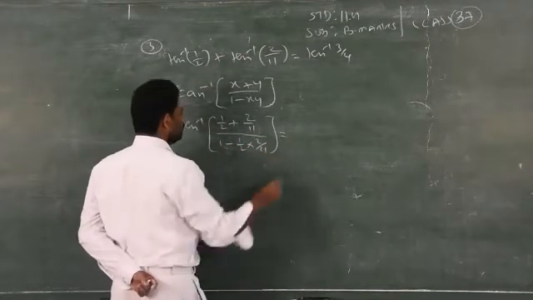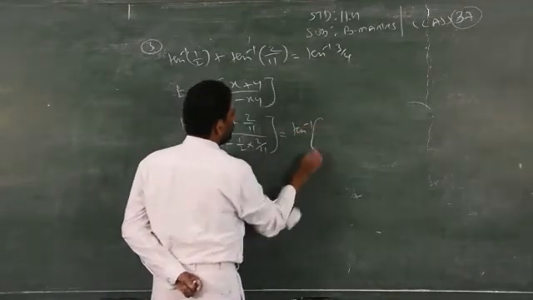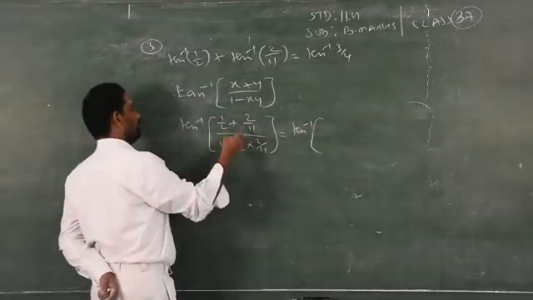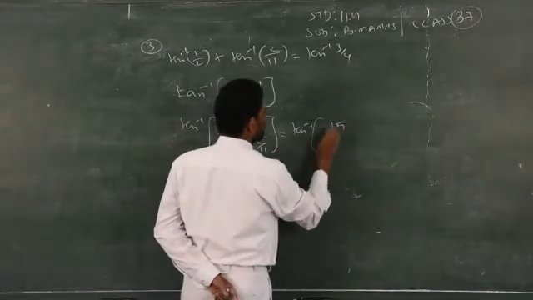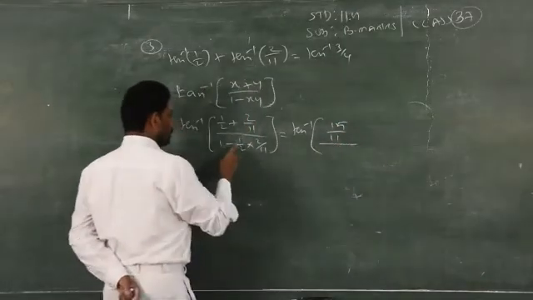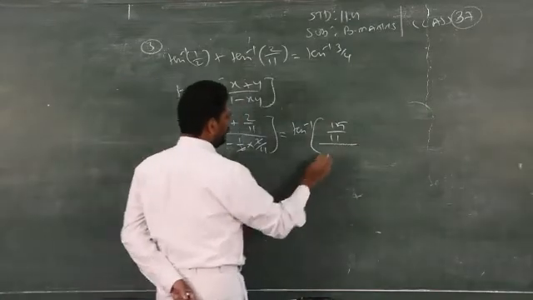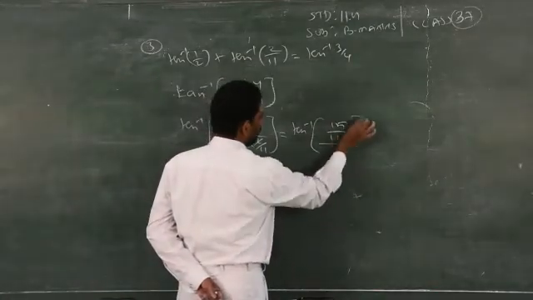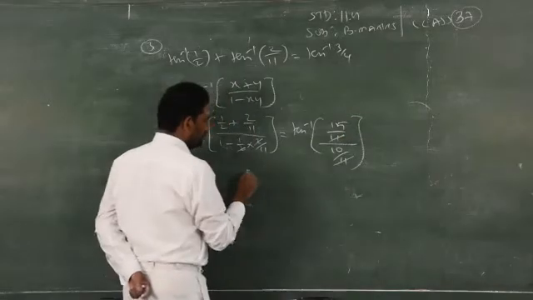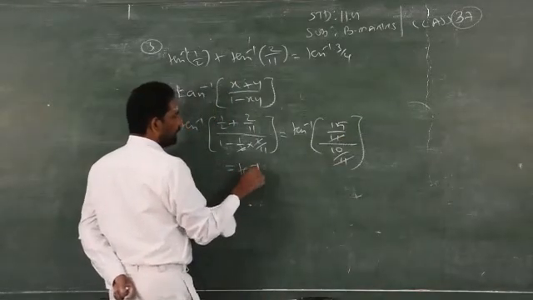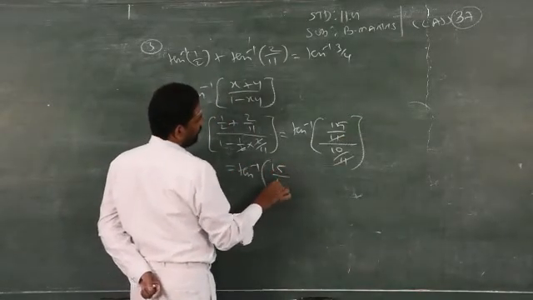Normal cross multiplication: 11, 2 2s are 4, that is 15 by 11; by 2, 2 get cancelled, 1 by 11, cross multiply, we get 10 by 11. So 11 gets cancelled, and you will get tan inverse of 15 by 10.